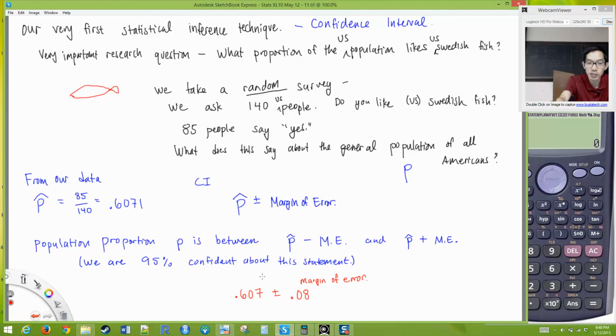And let's say our sample proportion is 0.607.